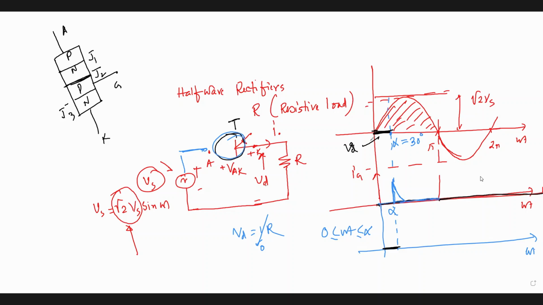And then we have applied, let's say, IZ at omega t equal to alpha. Then what will happen? We will get a gate pulse and the current will start to flow. So we will get an output at alpha. So that means it will be short circuited, right? Yes, sir.